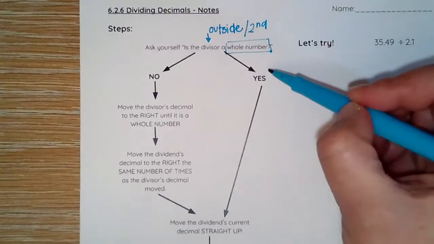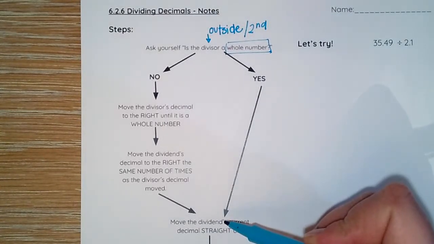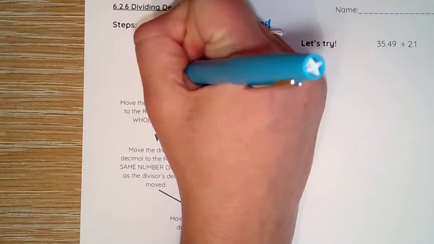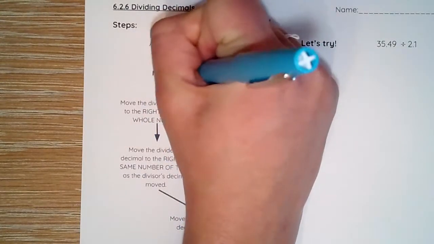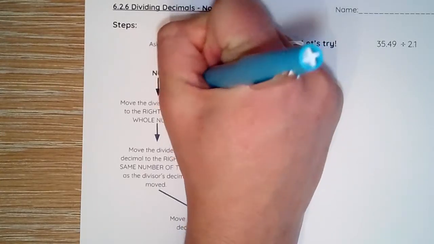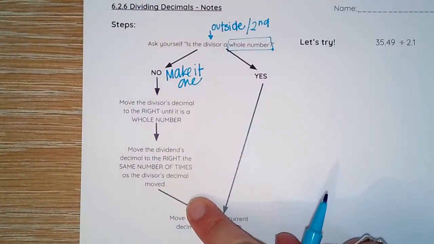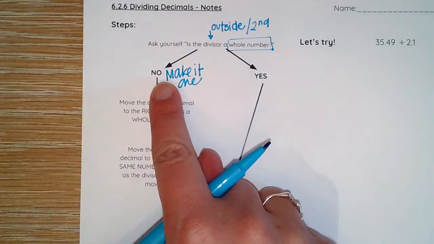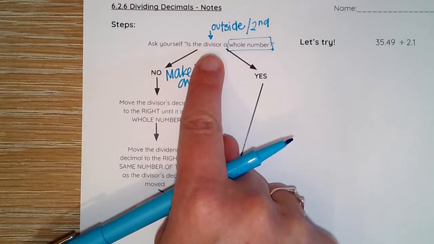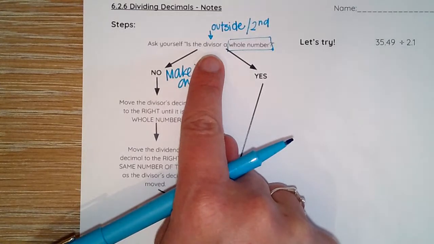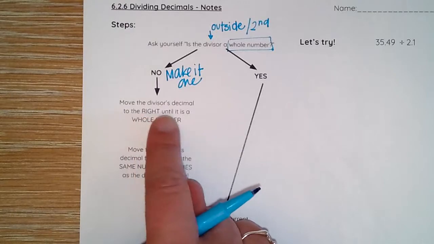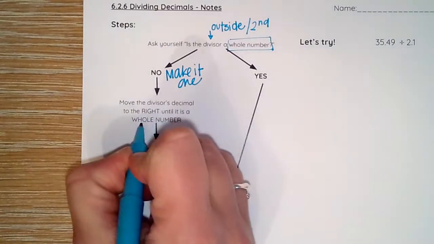If it is a whole number, we skip all the way down. If it's not a whole number, our goal is to make it one. And we need to do that by following these steps. Once we've determined that no, our outside number, our divisor, is not a whole number, it is a decimal, we need to move the divisor's decimal to the right until it is a whole number.